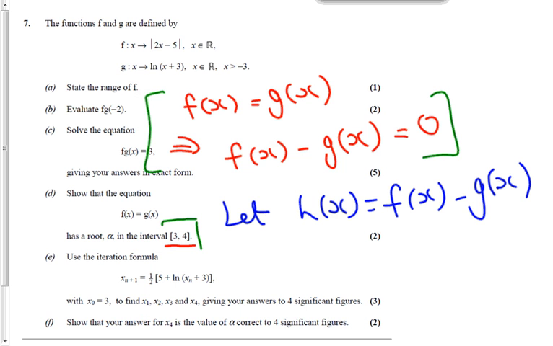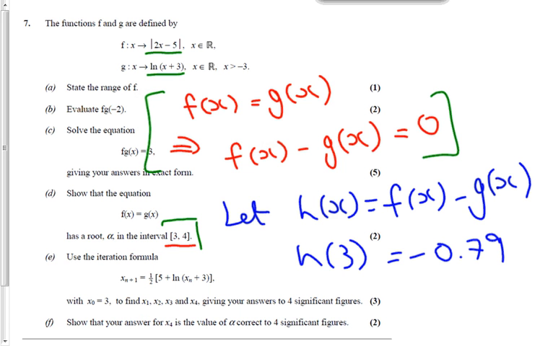And therefore I can use my function notation and show that h of 3, if I work out h of 3 by substituting in x equals 3 into this equation and this equation and subtracting them, and tap that into a calculator, we get minus 0.79.